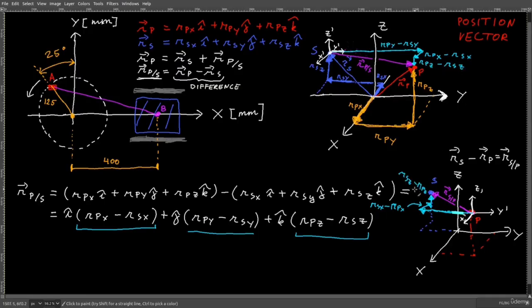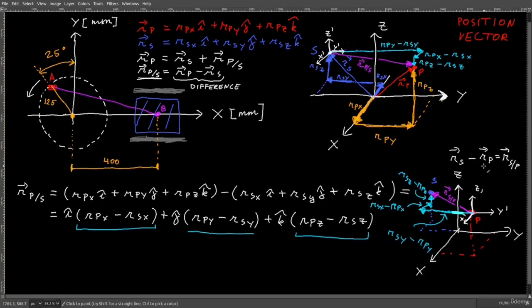Then here you would have r_sz minus r_pz. And then here you had r_py minus r_sy. Here you have r_sy minus r_py, which is this one here. So all the components of the displacement vector from the new coordinate frame would have the same magnitudes, but they would be opposite in direction.